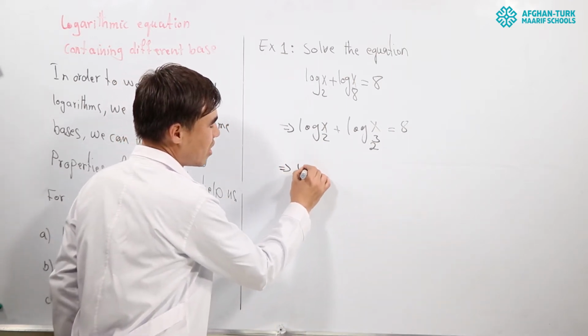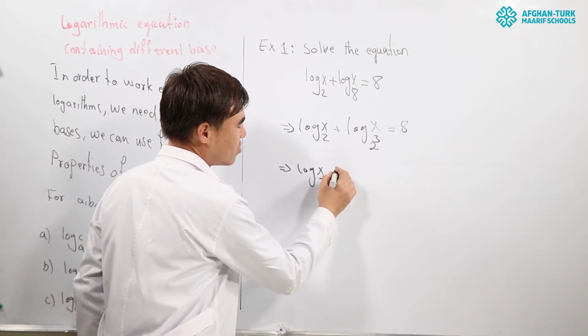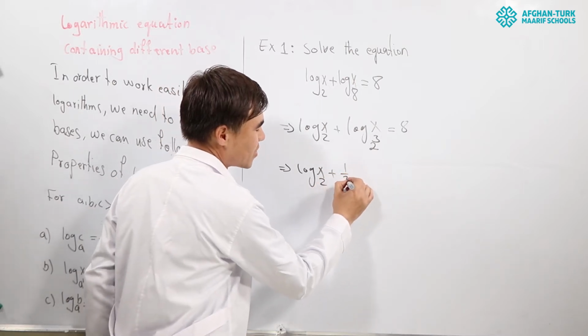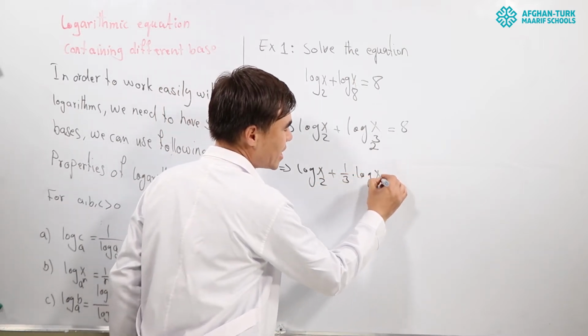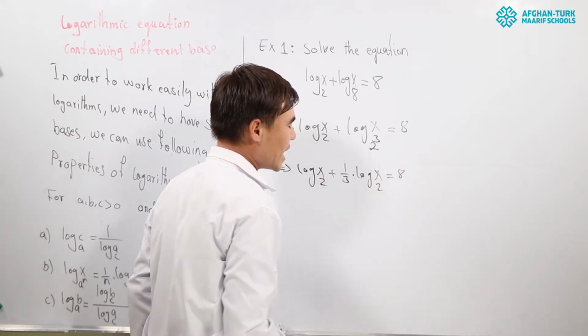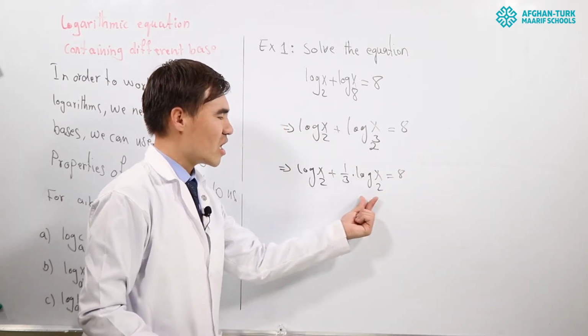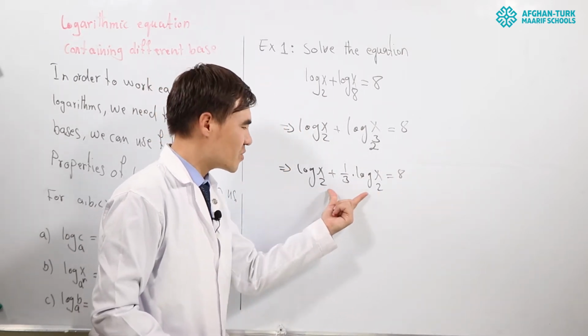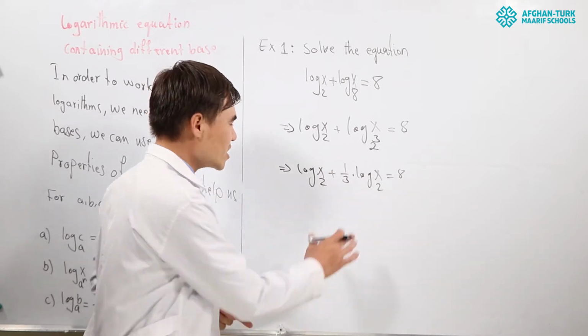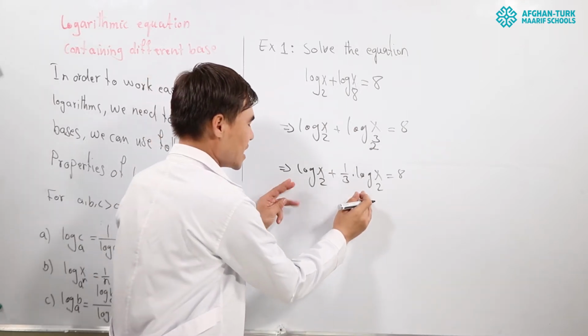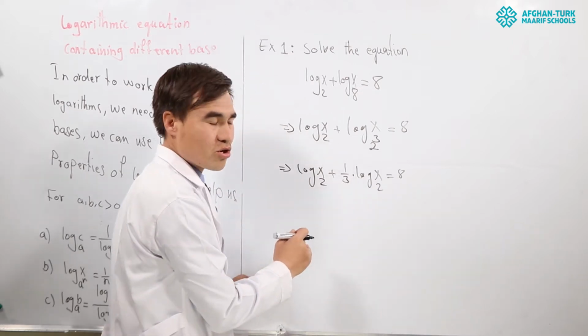Here, log of x to base 2 plus 1 over 3 times log of x to base 2 is equal to 8. As you see, the bases are equal and the expressions are also equal, so we will add these two logarithmic expressions.